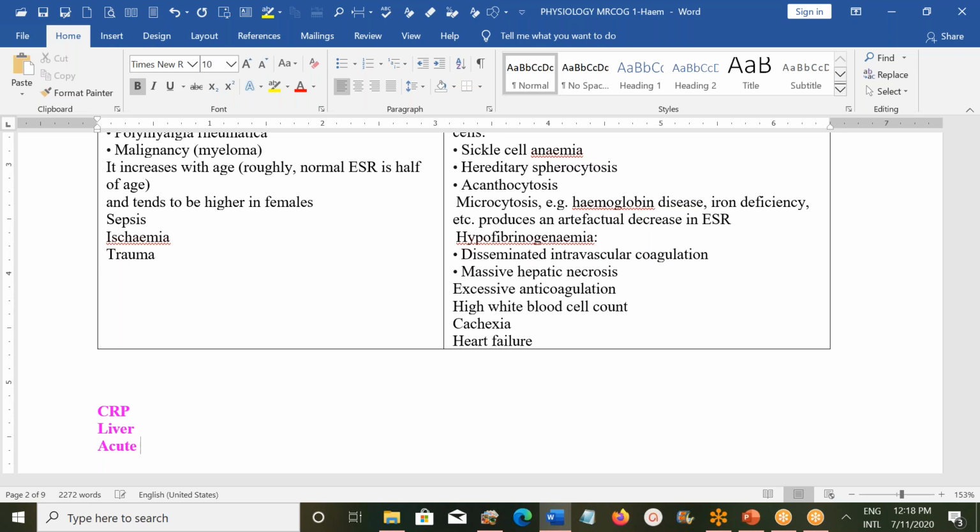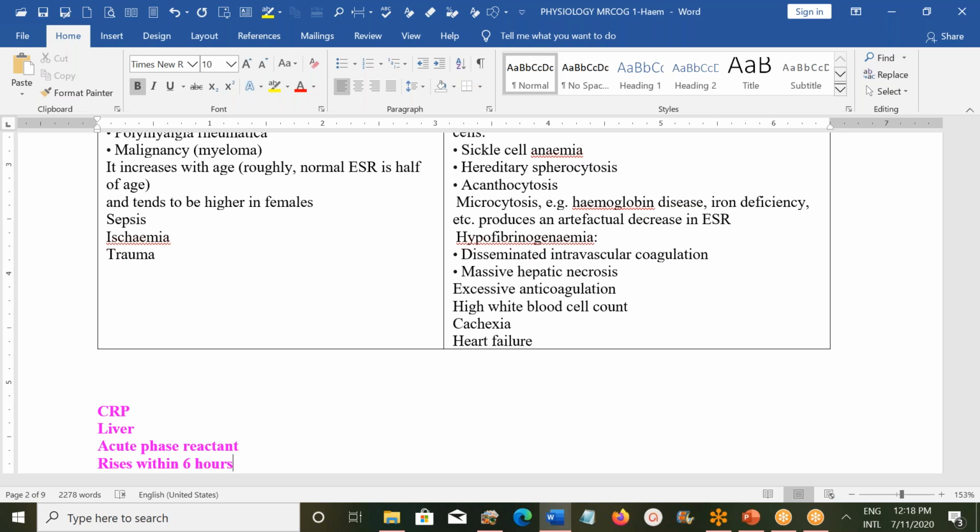Acute phase reactant, what do you understand by that? Some injury, some insult has taken place in the body, so it is produced quickly. And it can rise within 6 hours. That is the point. So this is in the acute phase of the trauma. It can also follow the clinical state of the patient.